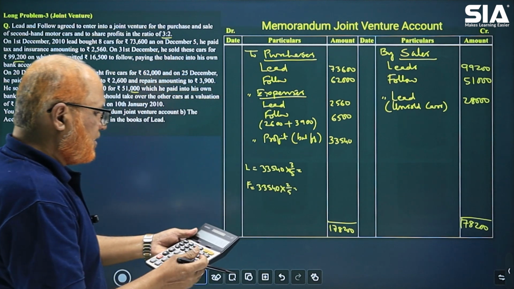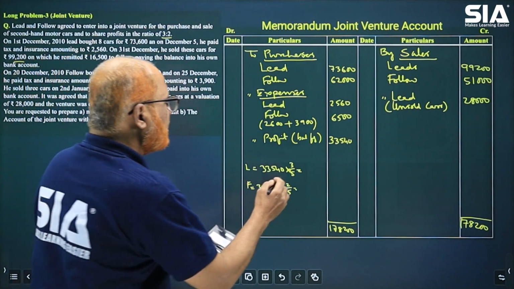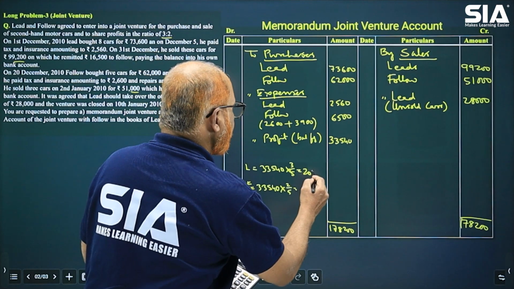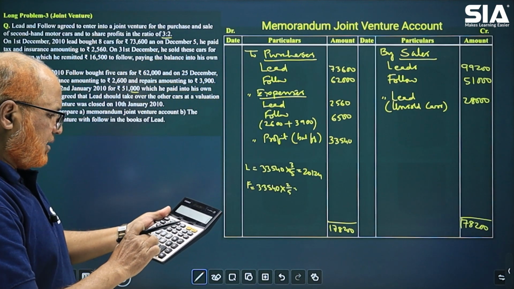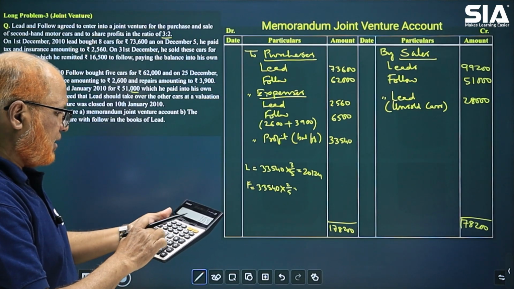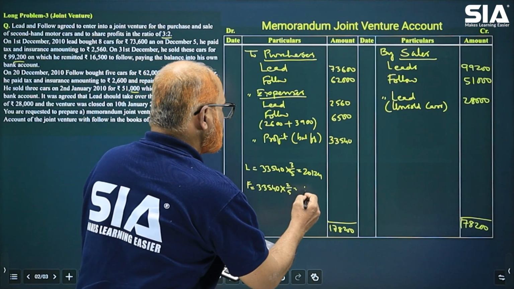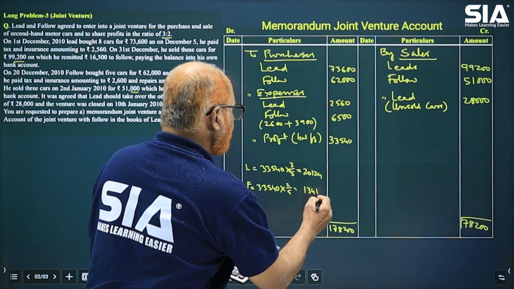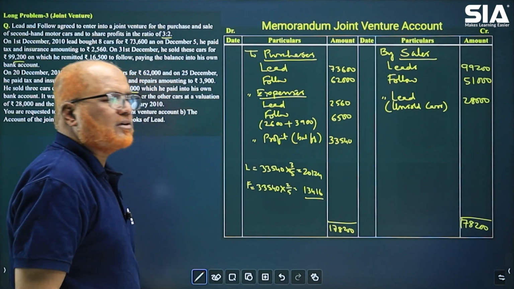We'll calculate. 33,540 into 3 divided by 5 is 20,124. And follow will get how much? 33,540 into 2 divided by 5 is 13,416. This is the share of profit.